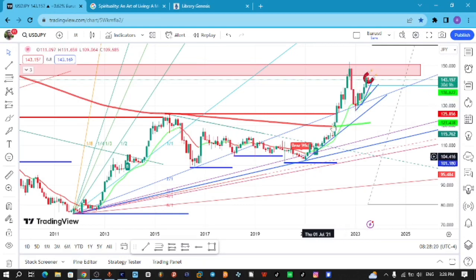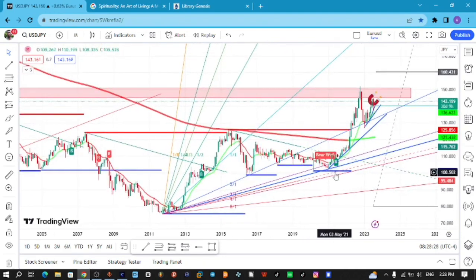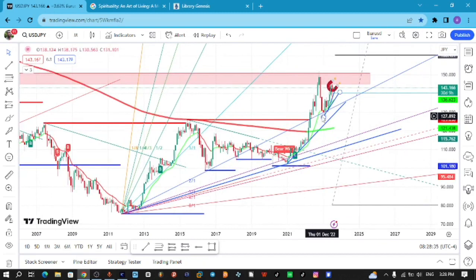It retraced back to the 50% or below that. If you measure from this price point to this, you'll find it is around 50% or 61% or something. Let's see.